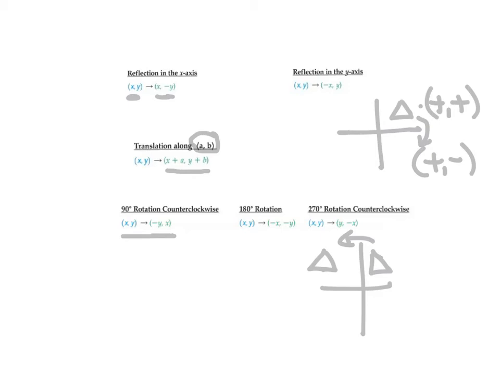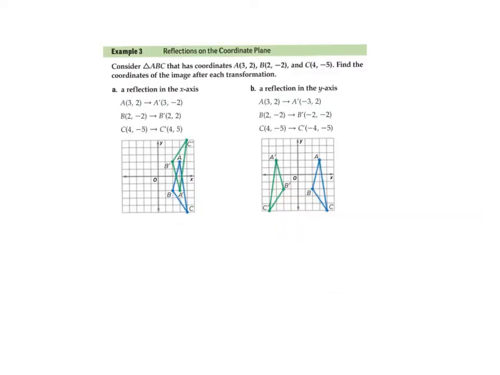The positive stays as the x, but as you can see, they go in a different order. Okay, and then the same with 180 and the same with 270. So you have to remember these. Unfortunately, it does help you though when you are then redrawing the image from the pre-image.